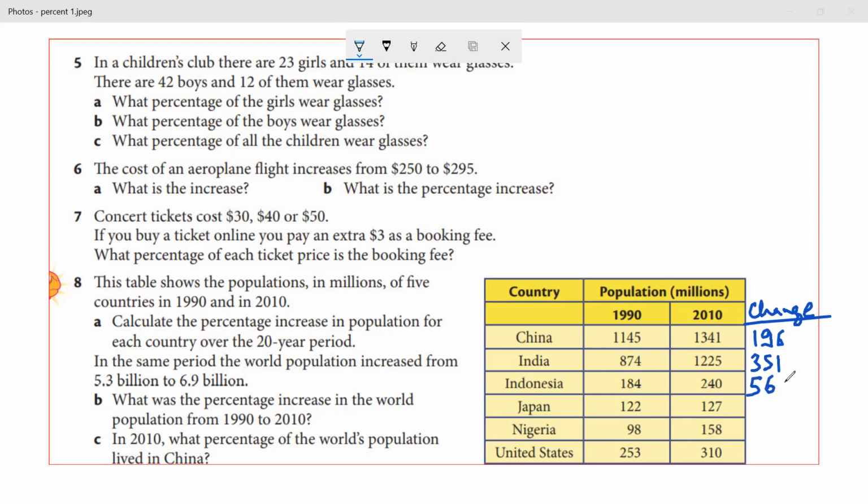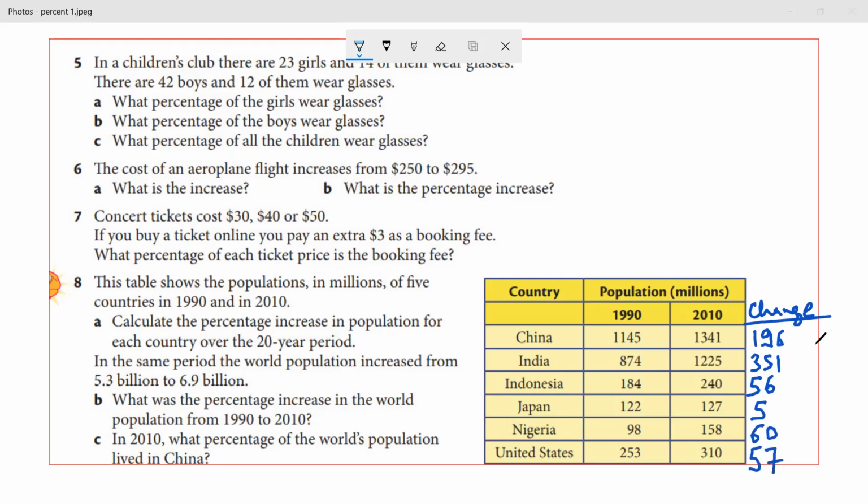I can calculate 127 minus 122. This would be 5. 158 minus 98. This would be 60. And finally 310 minus 253. This would be 57.